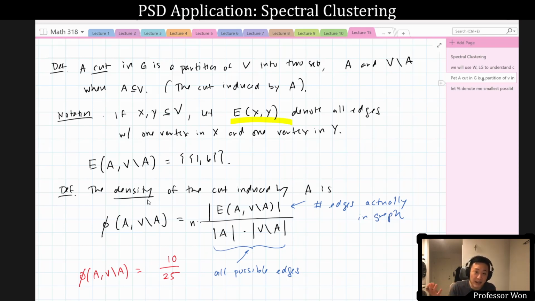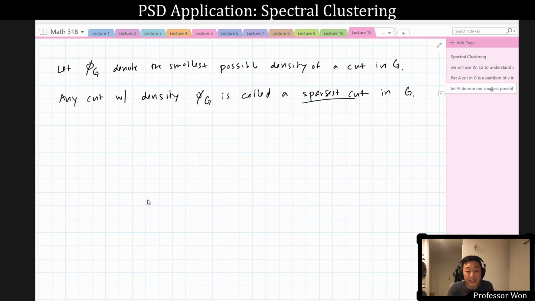So if you have a humongous graph, 100 million vertices, there's 2 to the 100 million possible cuts. That's way, way more than the number of particles in the universe. So that gives you some idea of, as you have a large graph, it's going to be very hard to try every single possible cut, which is, at least from a naive standpoint, what it would take to find the sparsest cut.